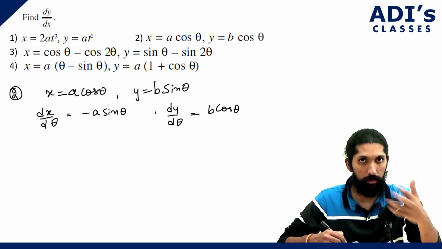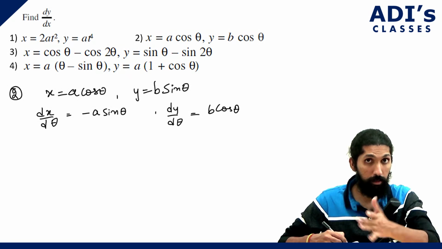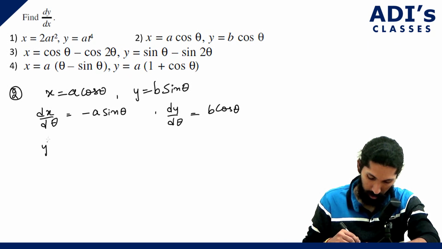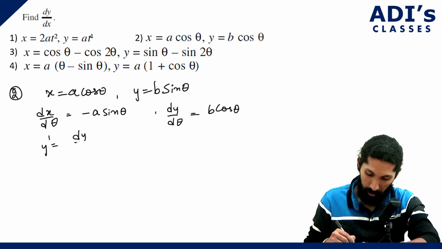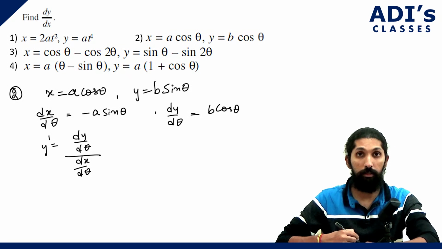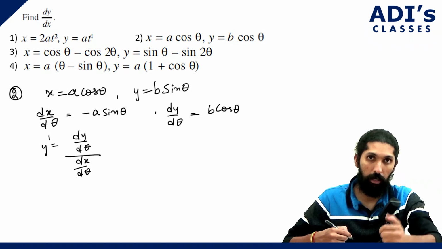Derivative of sine is cosine and derivative of cosine is minus sine. Alright, now we need y dash, which is dy by d theta divided by dx by d theta. This is how you reciprocate and cancel off that one, correct?